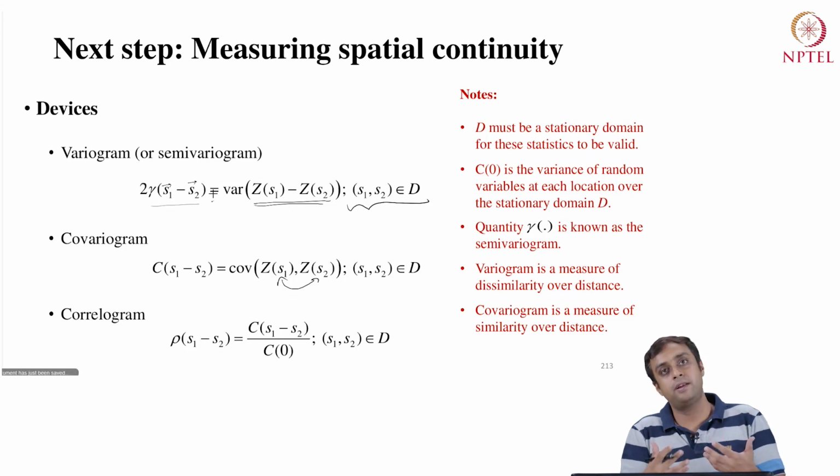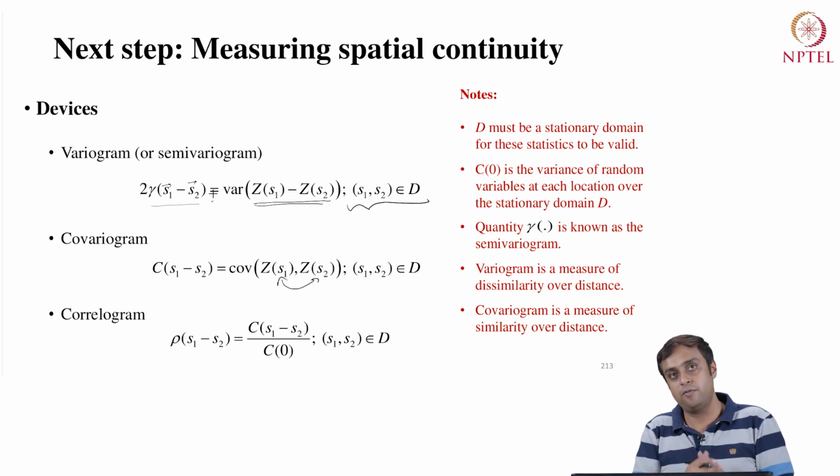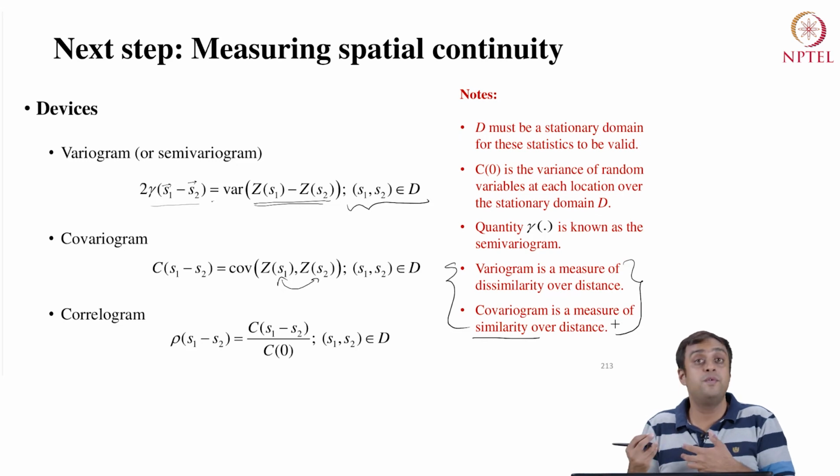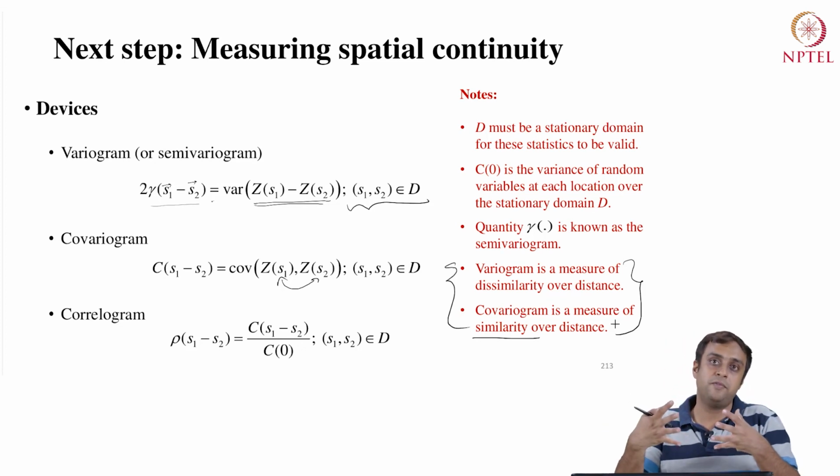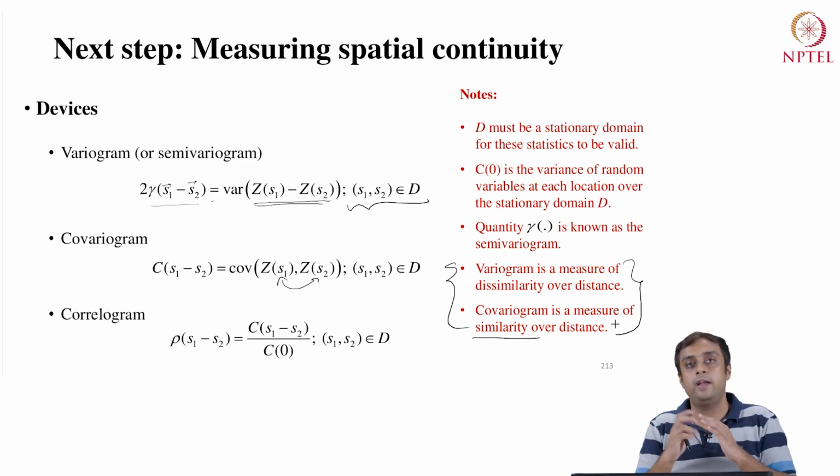We will look at it more carefully in a couple of minutes. And the covariogram is a measure of similarity over distance. So what I am declaring right away is that variogram and covariogram are inversely related. This is also something that we have seen earlier, but going forward, we will develop these things more formally and look at their statistical properties.